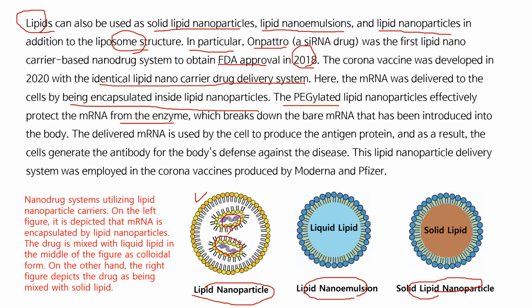So it is easily broken. mRNA is easily broken by enzyme, but if we protect this mRNA by the lipid nanostructure, you can deliver this to the cells safely.